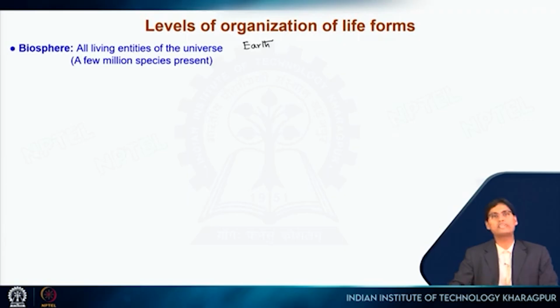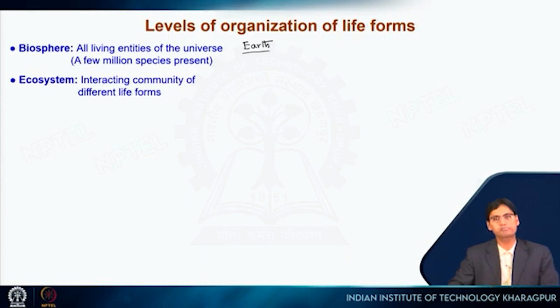Earth is an example of biosphere, where many different types of living entities are present. Maybe some other planet might have a living entity, but we are not aware of it yet. So I'm just giving the example that Earth is an example of biosphere. Then ecosystem. Ecosystem means the interacting community of different life forms.